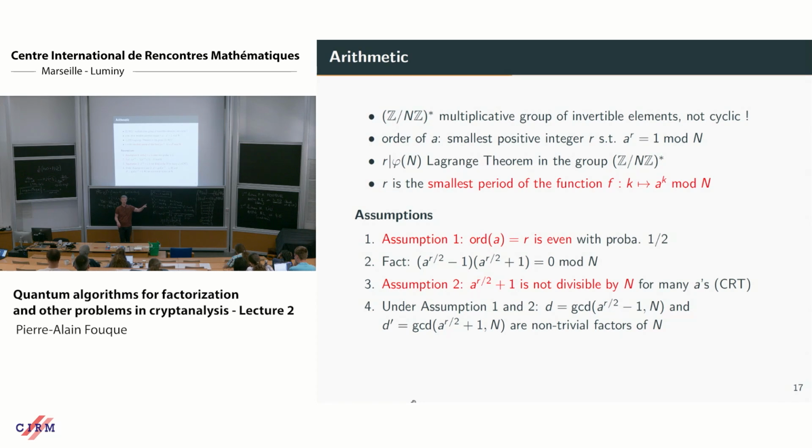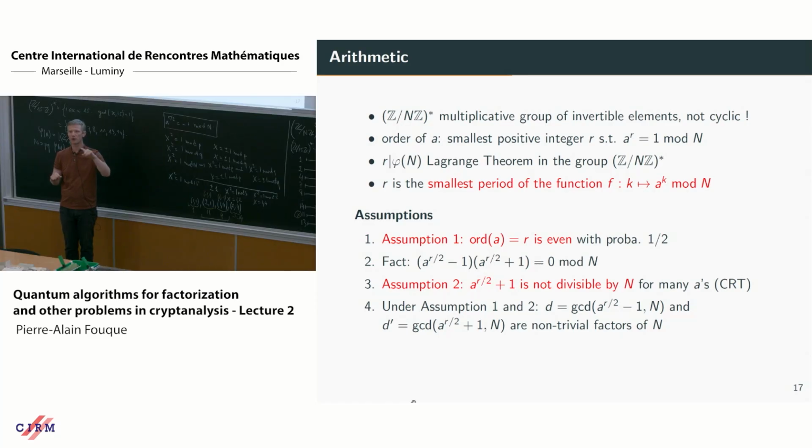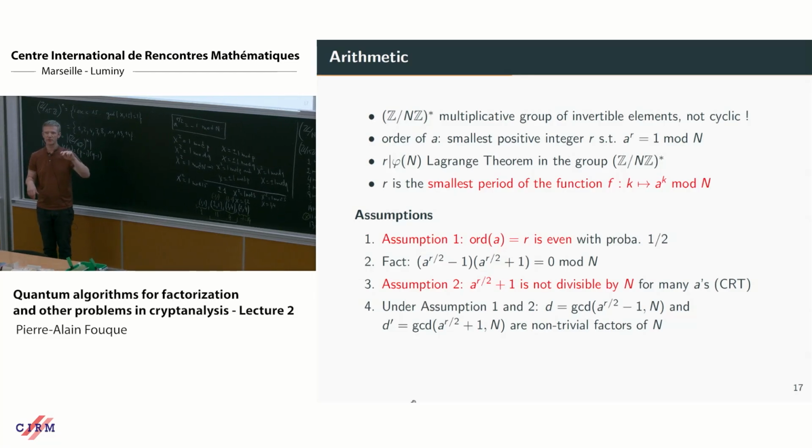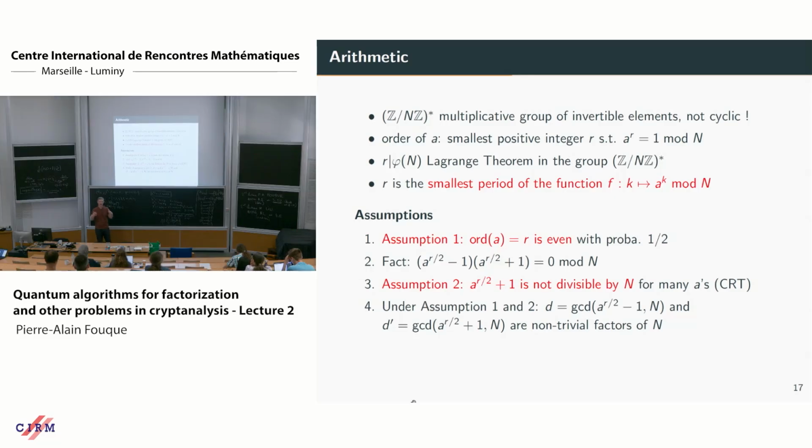Minus 1, minus 1, minus 1, it will be the minus 1 solution. But I can have many different solutions. I can have plus 1, minus 1, plus 1, or plus 1, minus 1, minus 1, and so on and so forth. And so with 3 factors, for instance, I have 6 possibilities to factor my number. Okay, so in total, I have 8 square roots of unity, but 2 of them are trivial, and 6 will be fine for me. Okay?